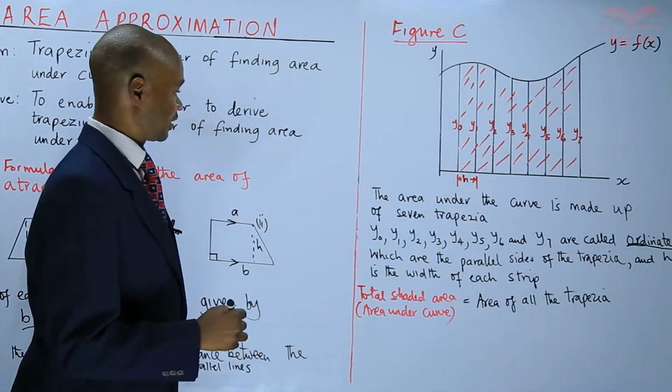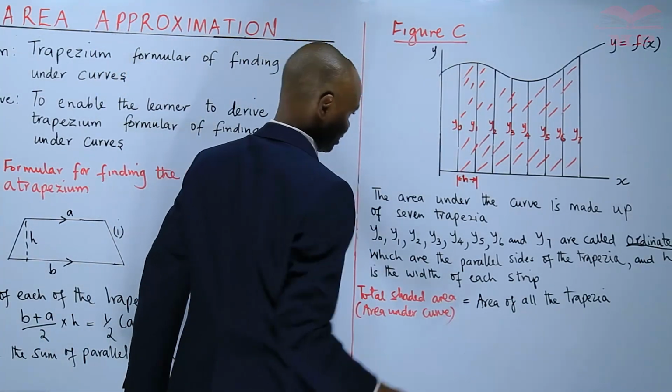Start with the first strip. I have the sum of parallel sides.